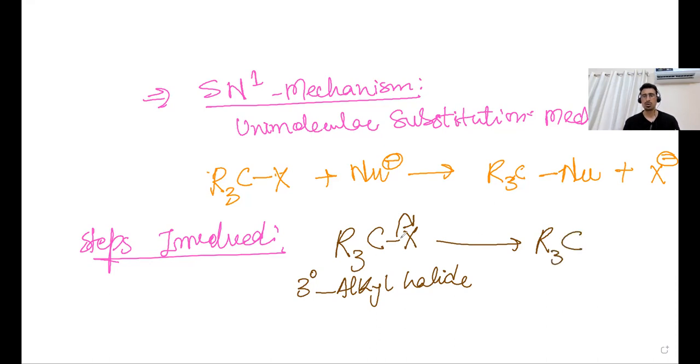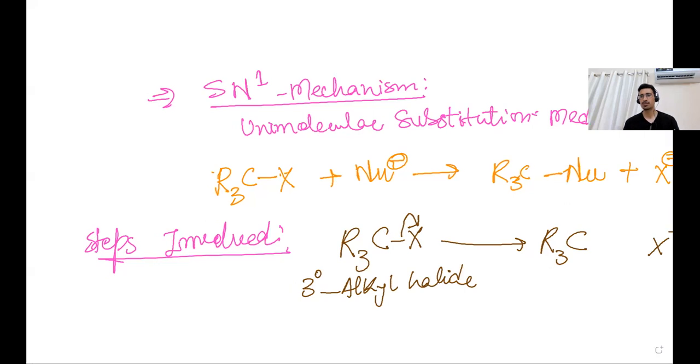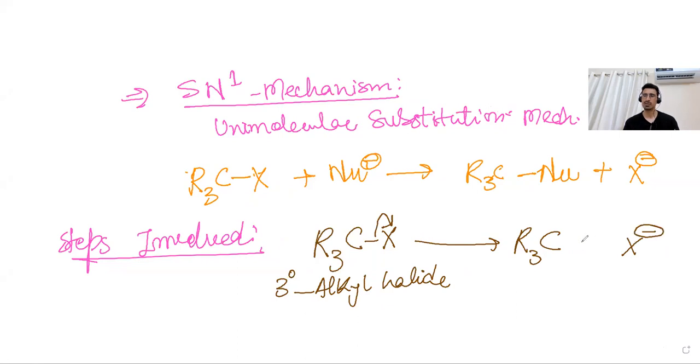R3C. So what actually happens here is that this sigma bond, that's made up of 2 electrons mutually shared by this carbon atom and this halogen atom, both electrons go along with this X group. That's why the negative charge comes along with this halide group. And so if we balance this reaction, on the left-hand side we have no charge.